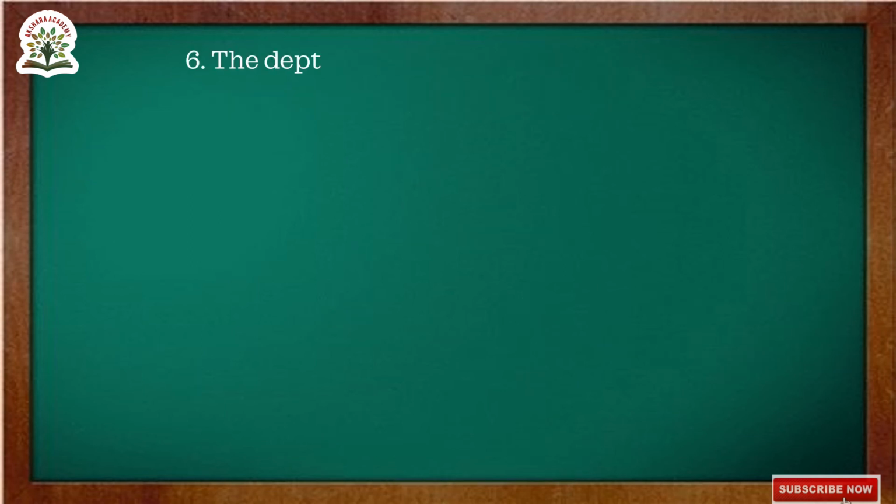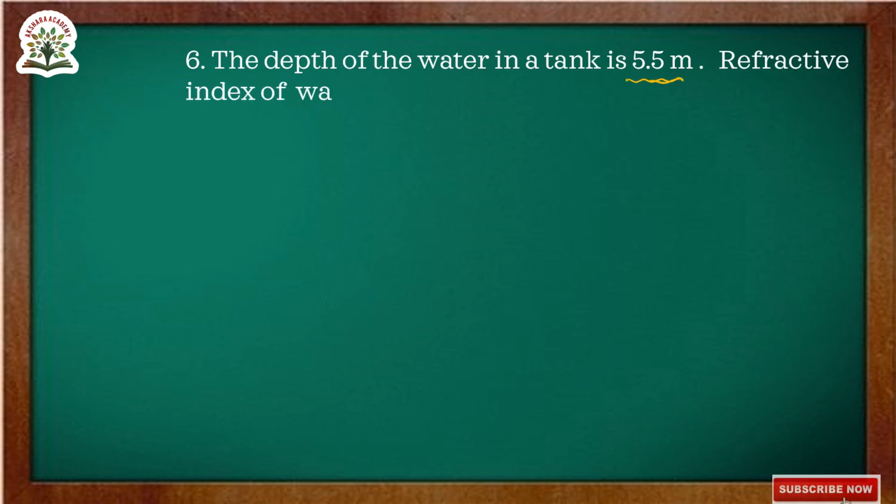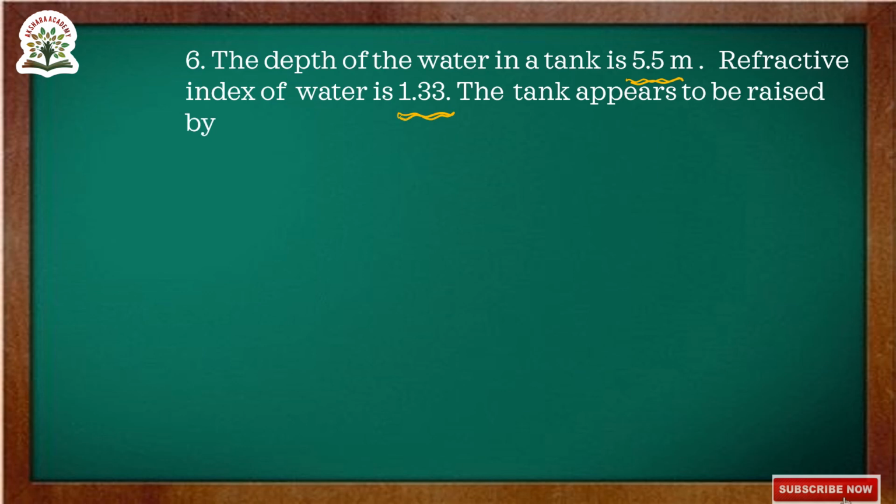Sixth question. The depth of water in a tank is 5.5 meters. Refractive index of water is 1.33. The tank appears to be raised by how much, we have to calculate. Let us go to the solution.